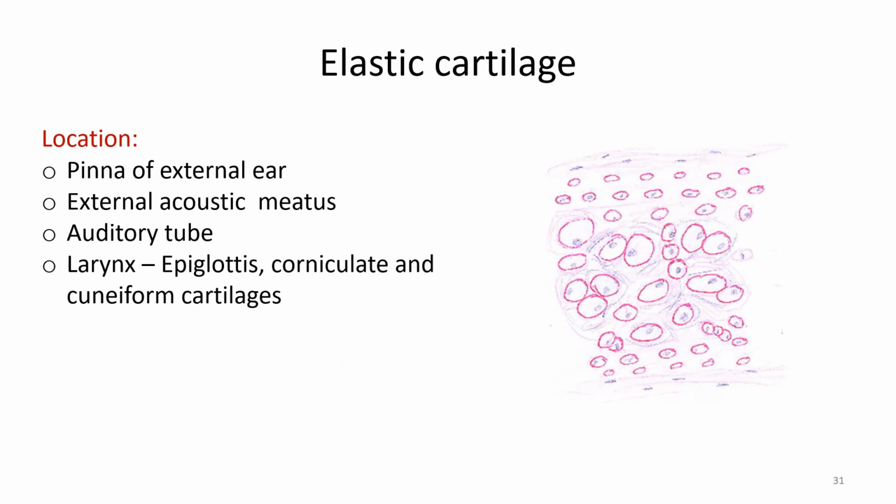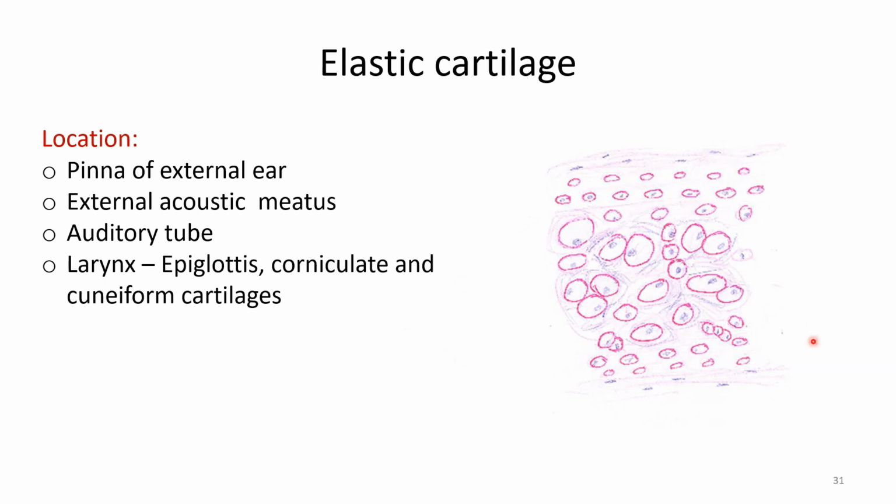Coming to the location of elastic cartilage, the examples for elastic cartilage are the pinna of the external ear, the external acoustic meatus, the auditory tube, and in the larynx, the epiglottis. The corniculate and cuneiform cartilages are also examples of elastic cartilage.